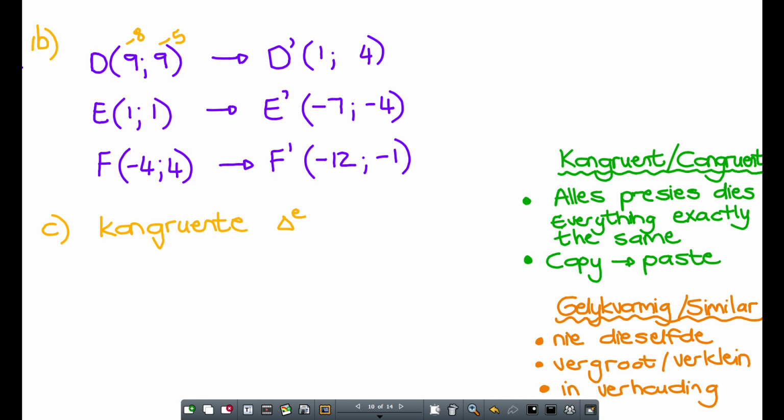That part is important. Okay, so similar triangles, let me write that here, are not the same. They are the reduced or enlarged version.